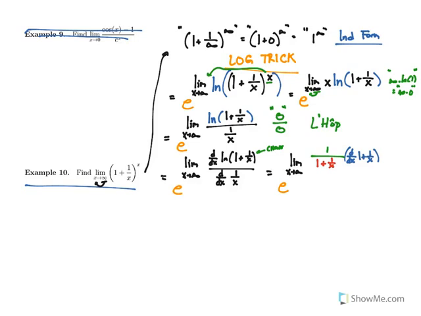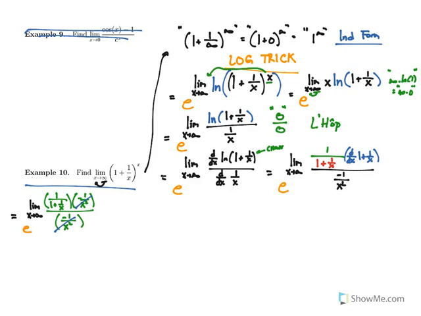That's the derivative of the top, and the derivative of the bottom is negative 1 over x squared. We keep on going. Now we're going to finish that derivative. Sorry, I forgot to write the limit. We have e to the power of the limit of 1 over 1 plus 1 over x. The derivative of 1 plus 1 over x is negative 1 over x squared, all over negative 1 over x squared.